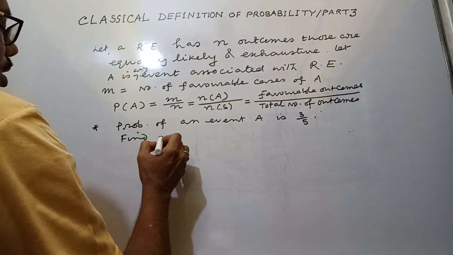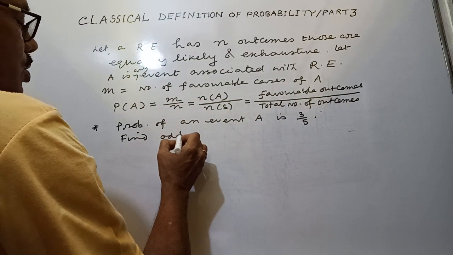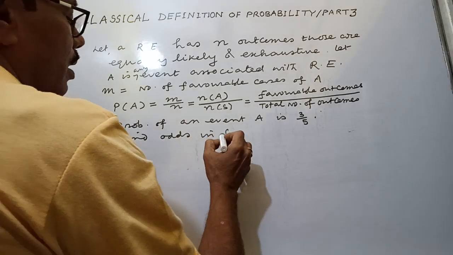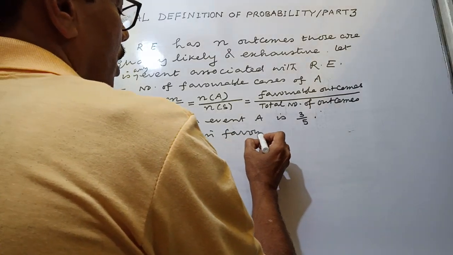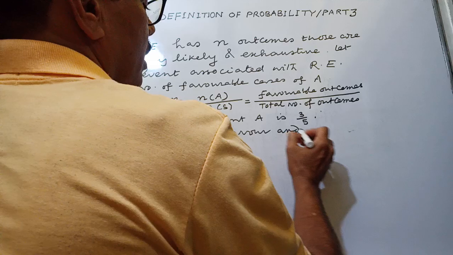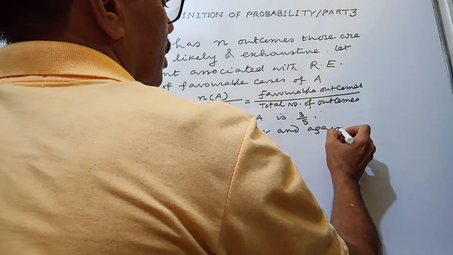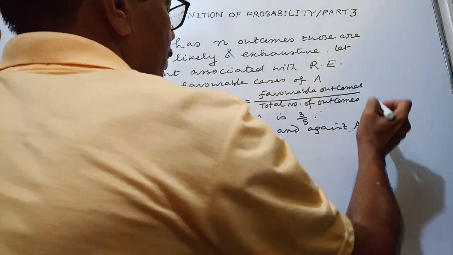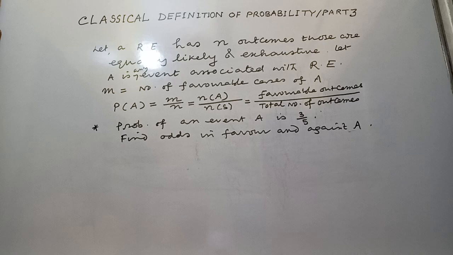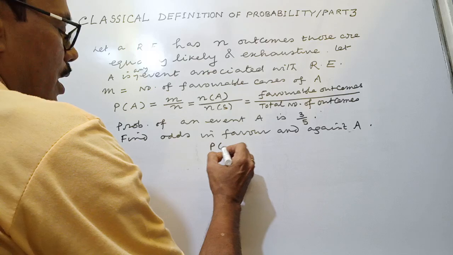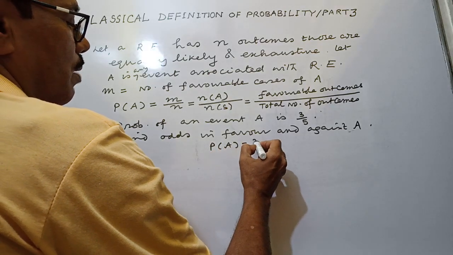Find the odds in favor of and against A. So this is the reverse problem. P(A) equals 3 by 5.